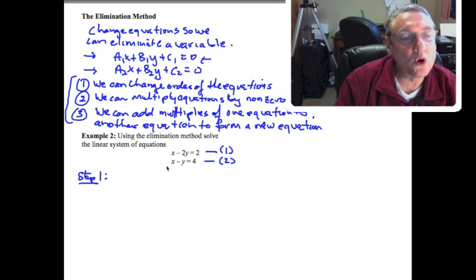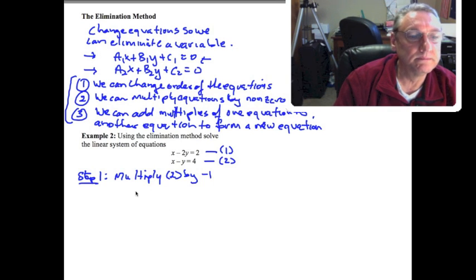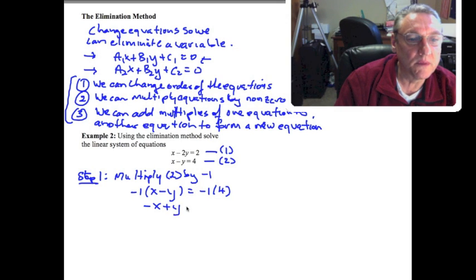So if I was to multiply number 2 by -1, what would I produce? I'd get -1 times x minus y equal to -1 times 4. We've got to do it to both sides. So I'd end up with -x plus y equals -4, and I can call this equation 3 if you like.